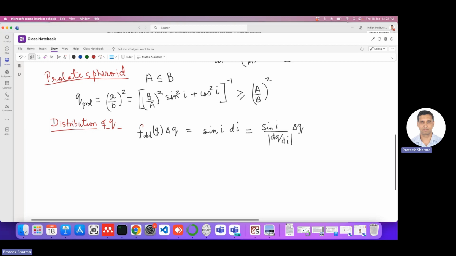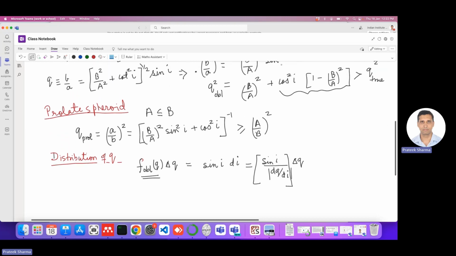This is a change of variable. So your fq is nothing but this quantity, right? And given the expression of q in terms of I that we have here for the oblate case, we can just do this, dq by dI.